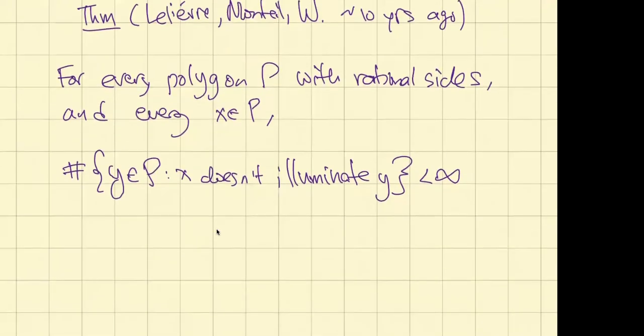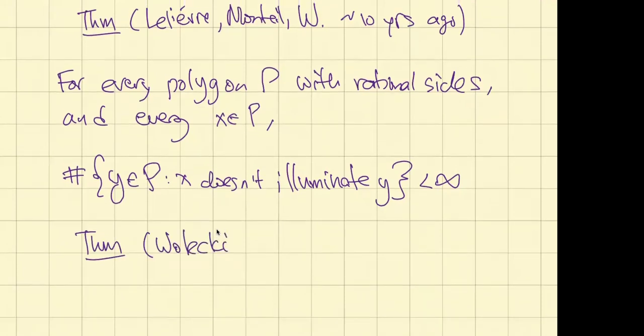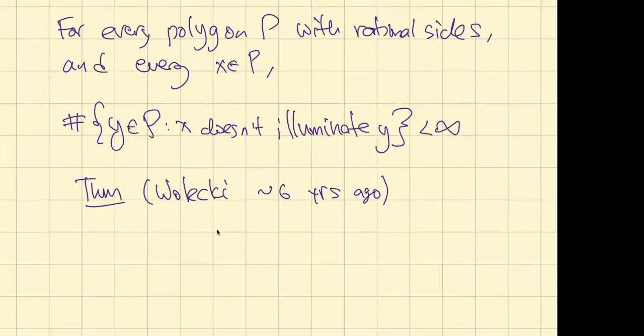And then there's a follow-up theorem of Voletsky, whom I mentioned earlier, who was my master's student, and this is approximately 6 years ago, roughly. It says a stronger result.